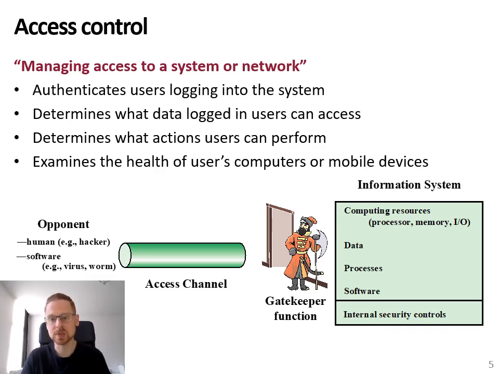Also, what actions they can perform, which resources, for example, of the system or network they can access, such as data, processes, software, hardware, and so on. Moreover, a fourth task it performs is to examine the health of the user's computer, mobile devices, and the internal system resources.